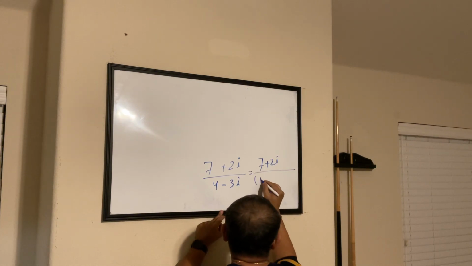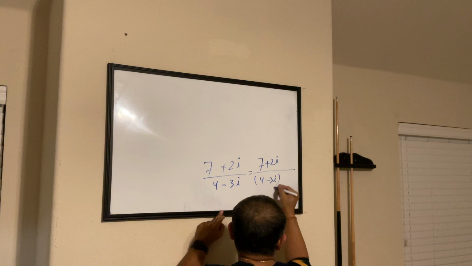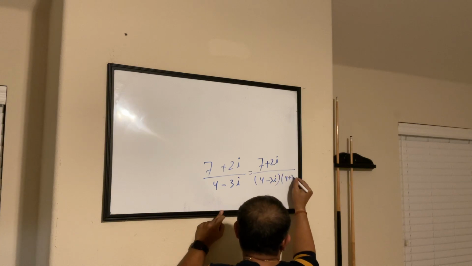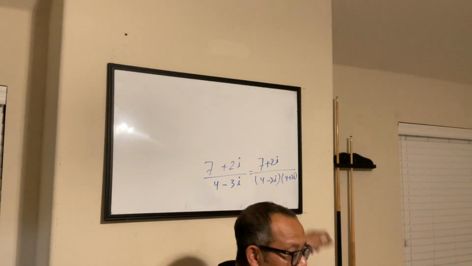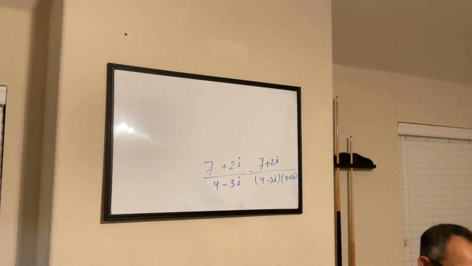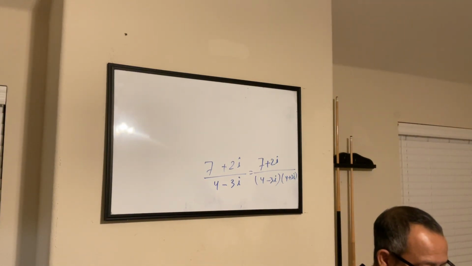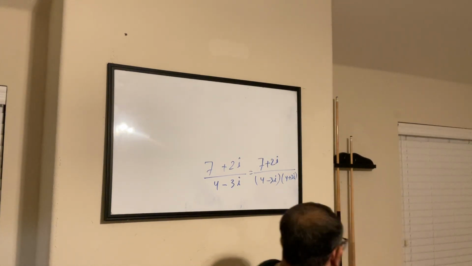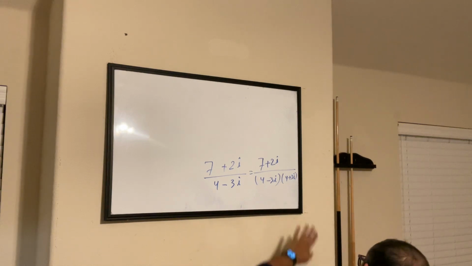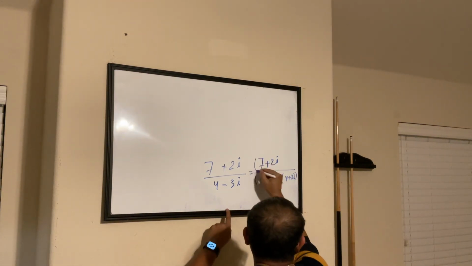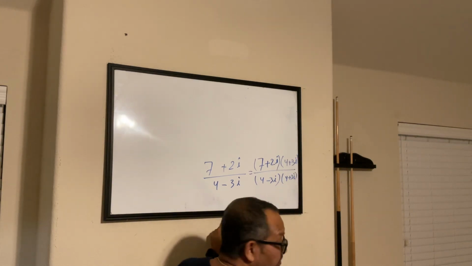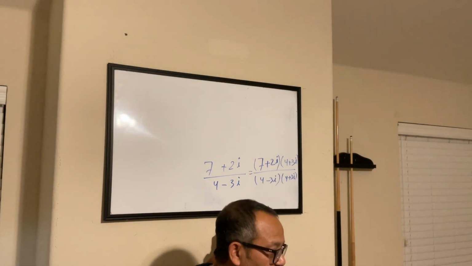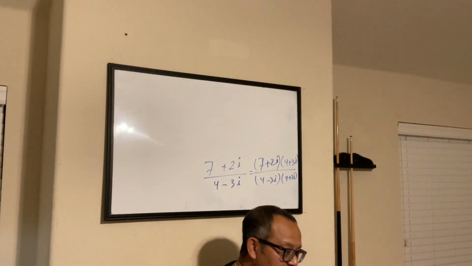If I multiply this with its conjugate, which is 4 plus 3i, then my denominator's problem will be much more simplified. For that to happen, if I am multiplying it here, then I have no other choice but to multiply it here also. You guys are with me, right?